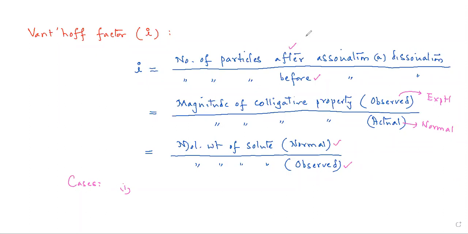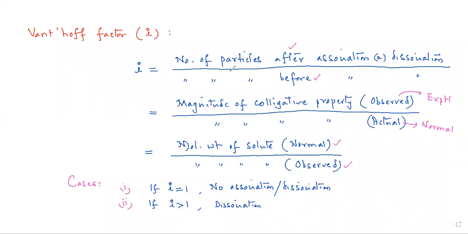Now, like I said earlier, we can take three cases. The first one, as in case of glucose, if I is equal to 1, we can say that there is no association, no dissociation. And if I is greater than 1, it refers to dissociation.